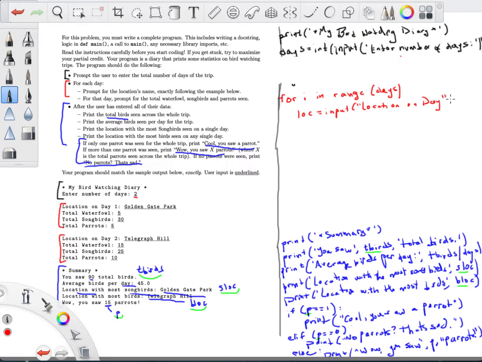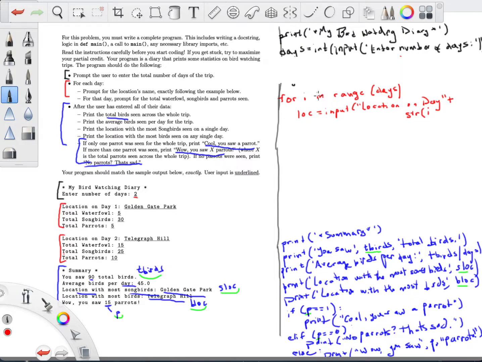That requires me, because input only takes one argument, that means I need to make that fancy programmatically by concatenating something to the end of it. So something like location on day, and then I would change this into the str of i, which is the iterator.